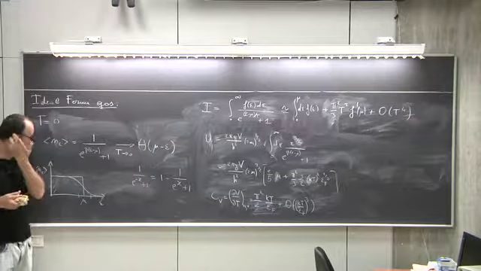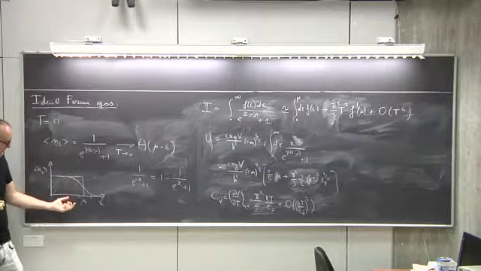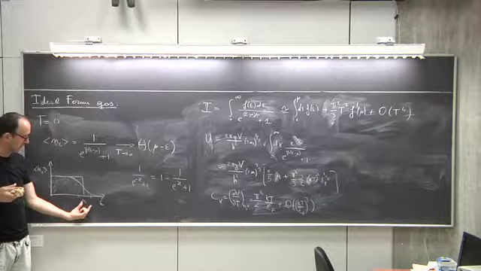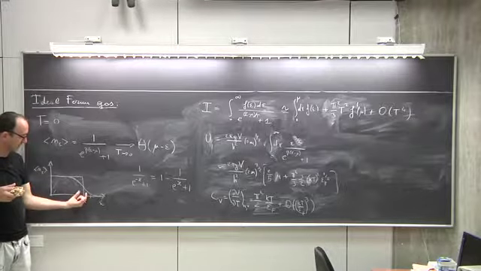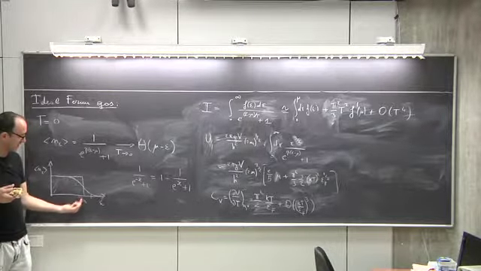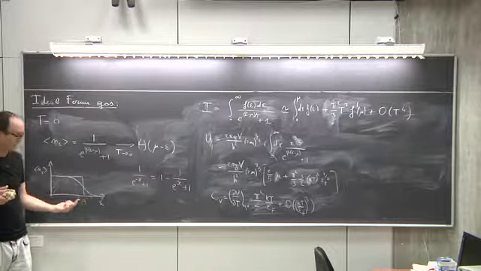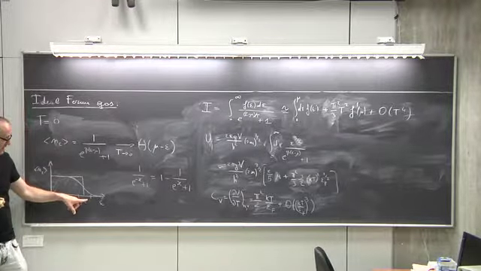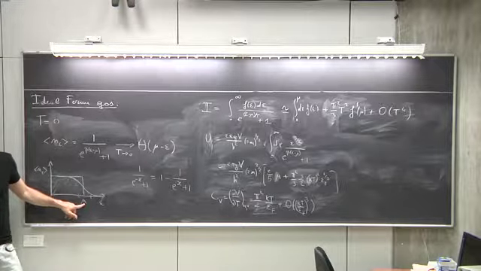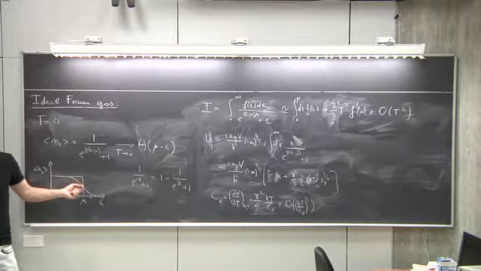And so the fact that the specific heat is linear here comes from the fact that the number of degrees of freedom which can exchange energy is only proportional to the temperature, because only those in a range of order kT around the chemical potential can.